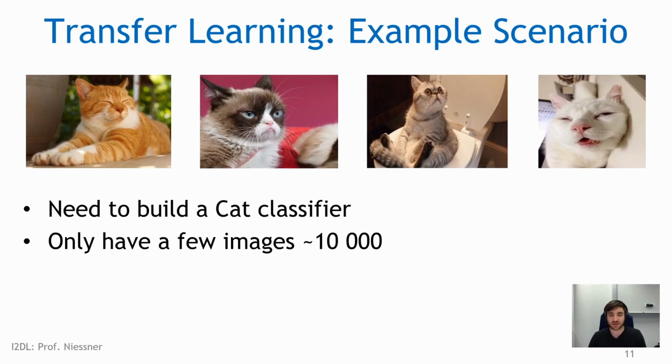The problem is that you only have roughly 10,000 images, which might sound like a lot, but in practice with millions of parameters in your network it is not that much. You will see that you will either heavily overfit or not generalize well in reality.